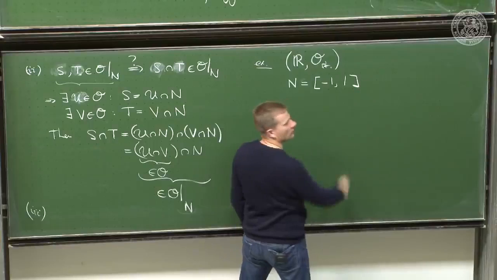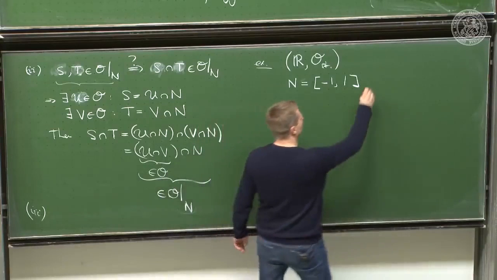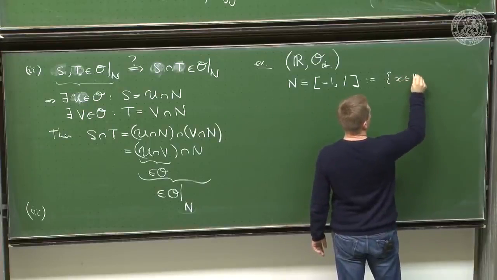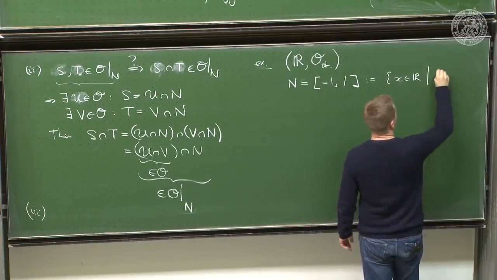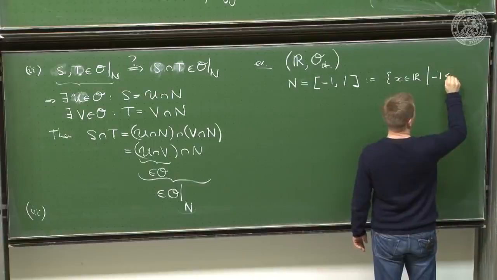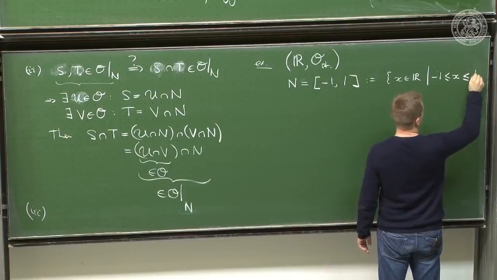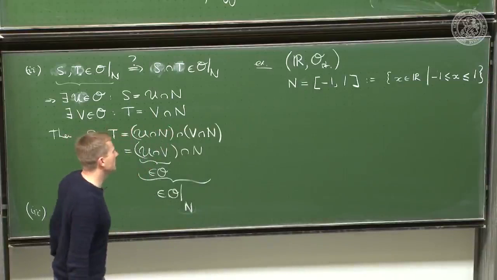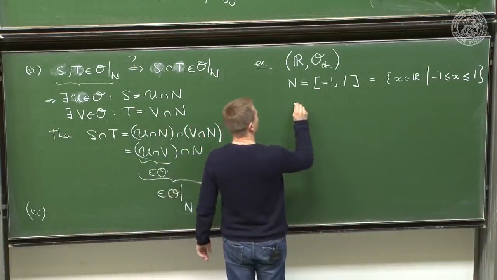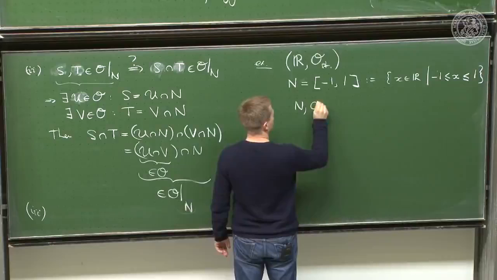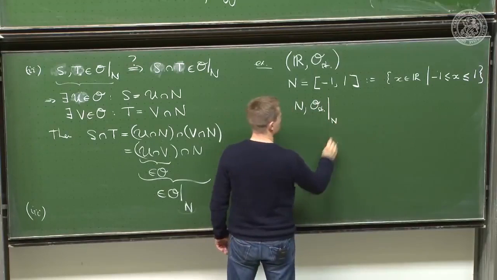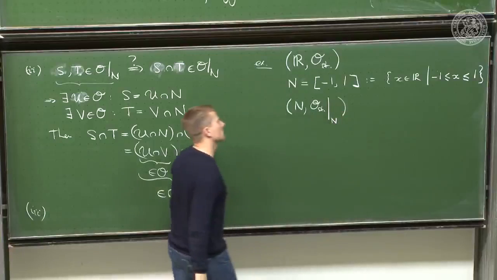I define it: this is the set of all x in R for which we have -1 is less or equal x is less or equal 1. So we have this interval. And now we can equip this set N with O standard, but then induced on N.